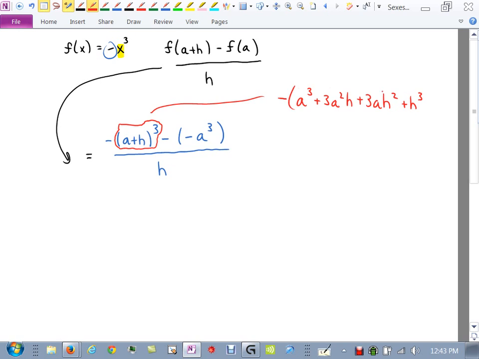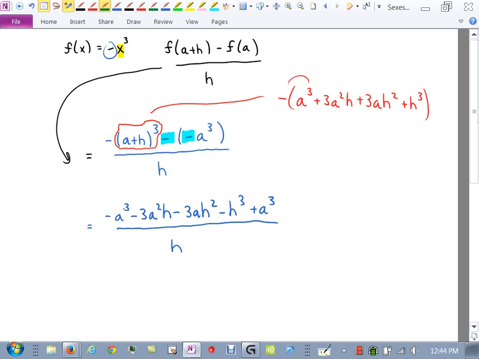So we have a negative in front of all that, and then we're going to distribute that through and change all the signs. So my next line will read negative a cubed minus 3a squared h minus 3ah squared minus h cubed. But then we also have minus minus here, so it'll become plus a cubed, all of this over h.